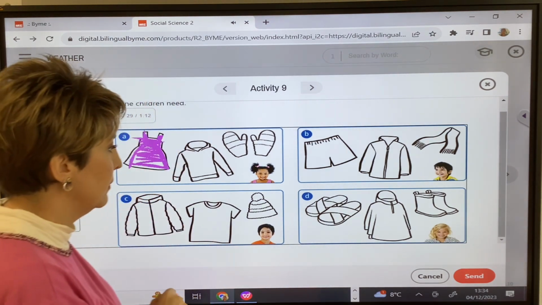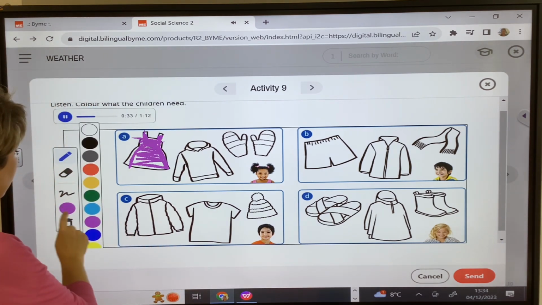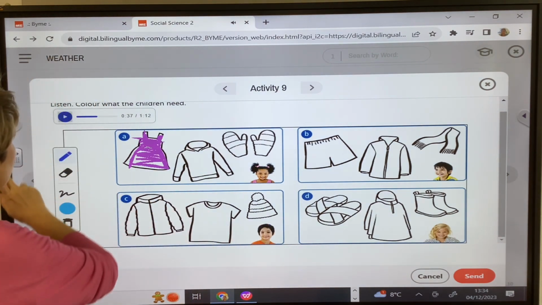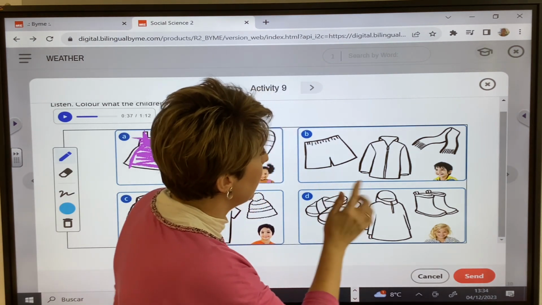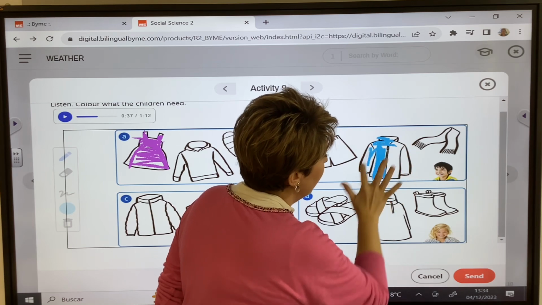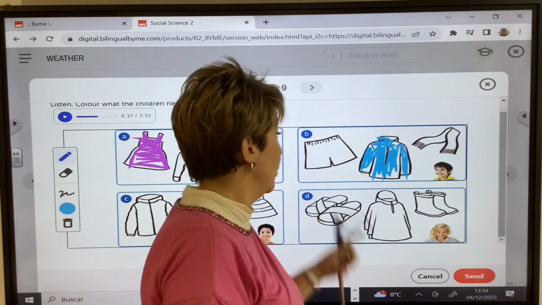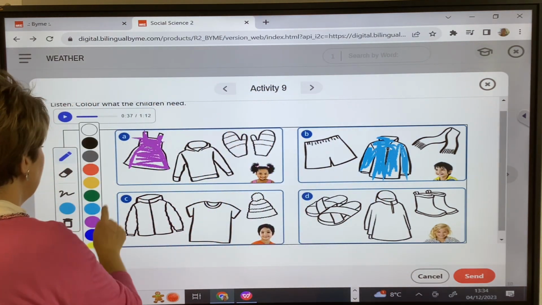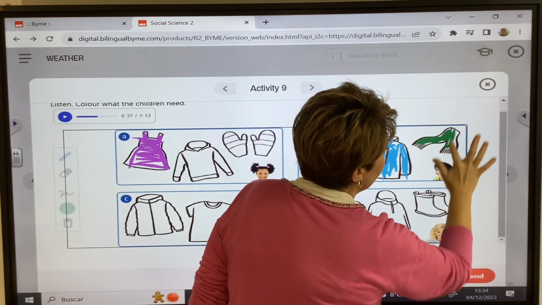Oh, it's cold. It's cold and windy. C. What can I wear today? We're going to pause it. It's cold and windy, so he could wear the jacket and he could also wear the scarf. What about the shorts? No shorts because it's cold. The scarf. Okay.